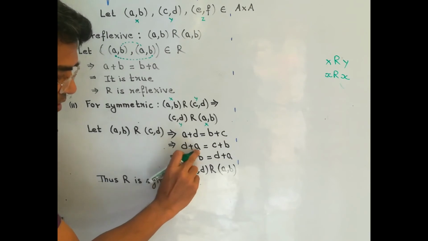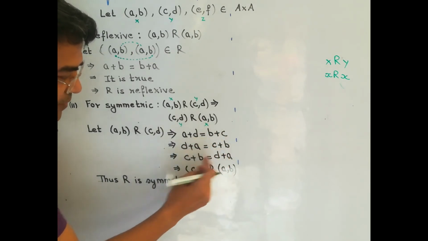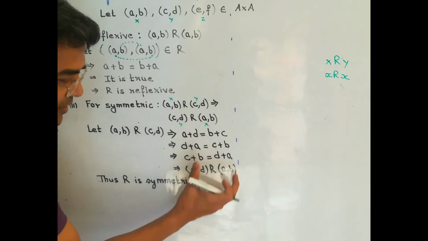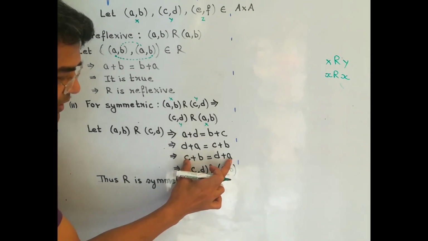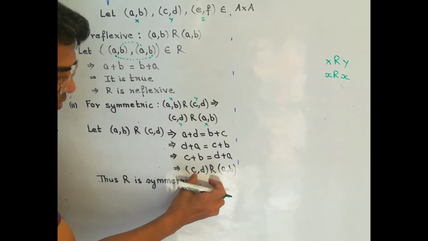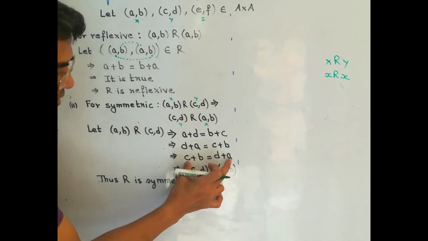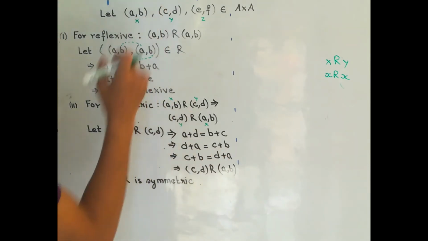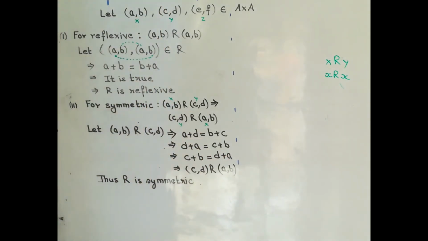This can be written as d plus a is equal to c plus b, which can be written as c plus b is equal to d plus a.